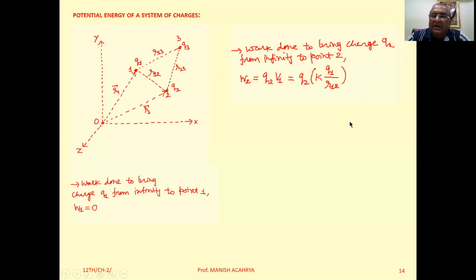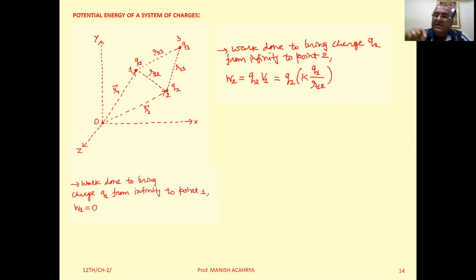Therefore, the work done to bring charge Q1 from infinity to point 1 is 0. Clear? Any doubt in this one? Now, bring charge Q2 from infinity to point 2.